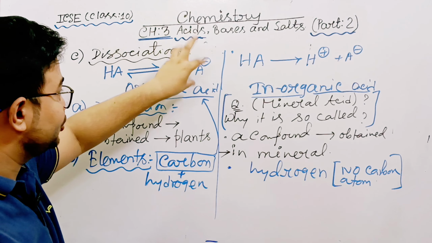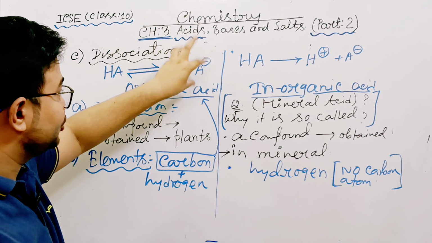So from these we can conclude that in inorganic acid there is only ions. Inorganic acid contains only ions, whereas in organic acid there is ions, obviously ions, but ions combine to form molecule.